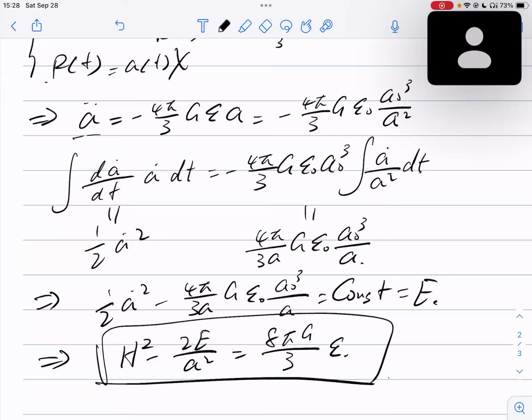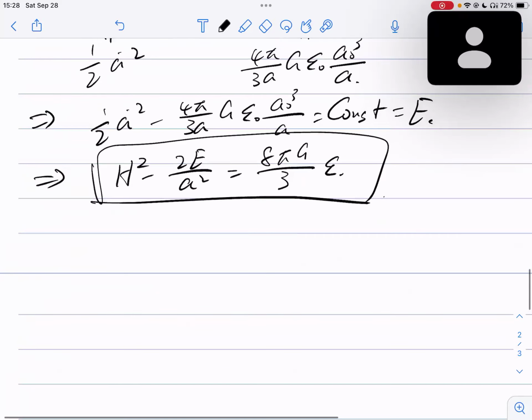This is just the dynamic equation in Newtonian gravity cosmology. Later we will find the real Friedmann equation using general relativity, and we will see that the general relativistic form can be reduced to the Newtonian one under some conditions.